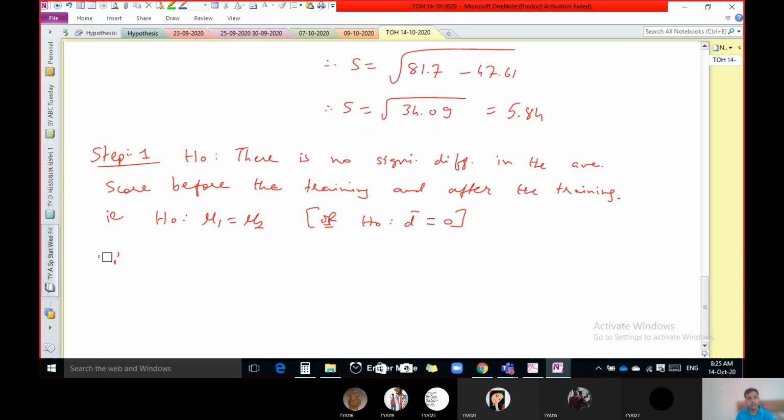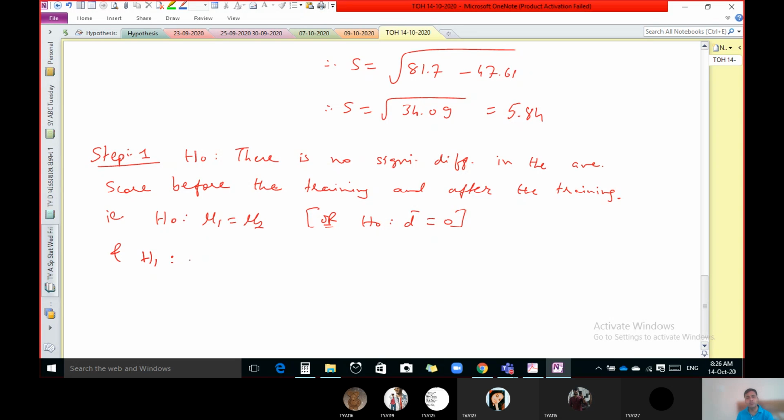Okay, and H1. Any of you, what would we write in H1? There is significant difference in the average score before training and after training. Yes, perfect. There is a significant difference.